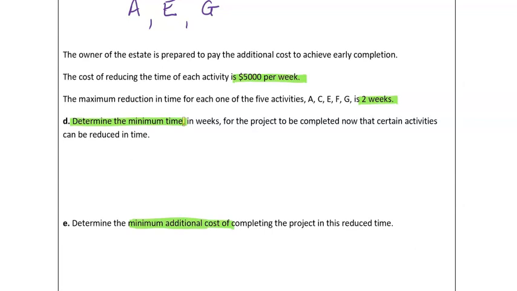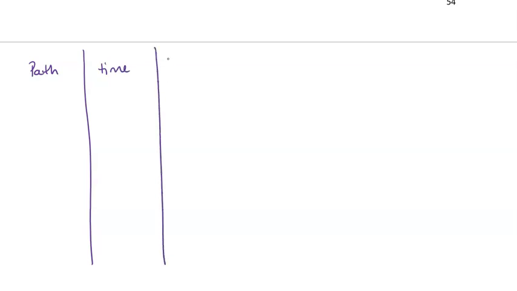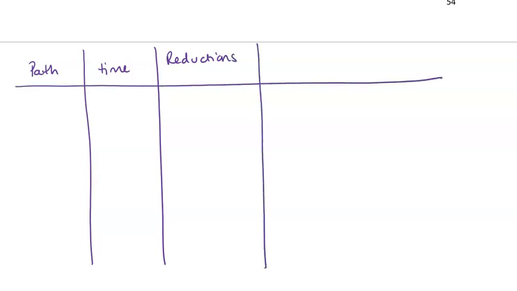So in order to do that, we're going to write out the pathways. Okay, so our first step is to write out those pathways. Actually, I'm going to do it underneath, so we'll definitely run out of room. So our path, the time, our reductions, and then we'll work out our cost.